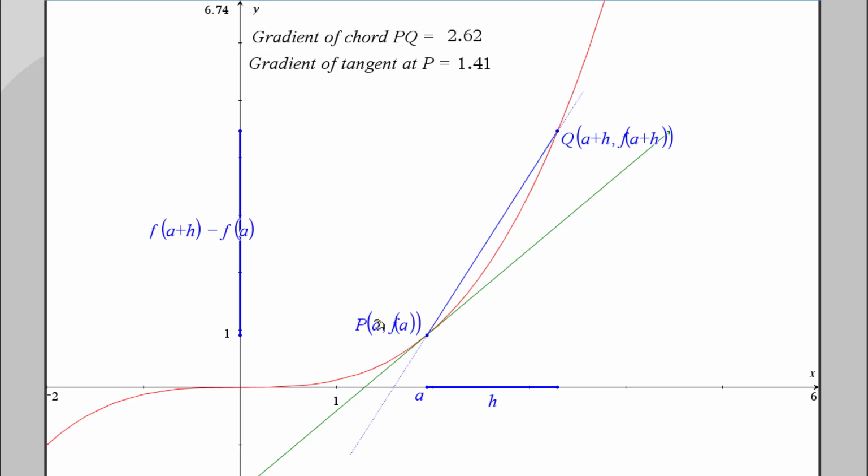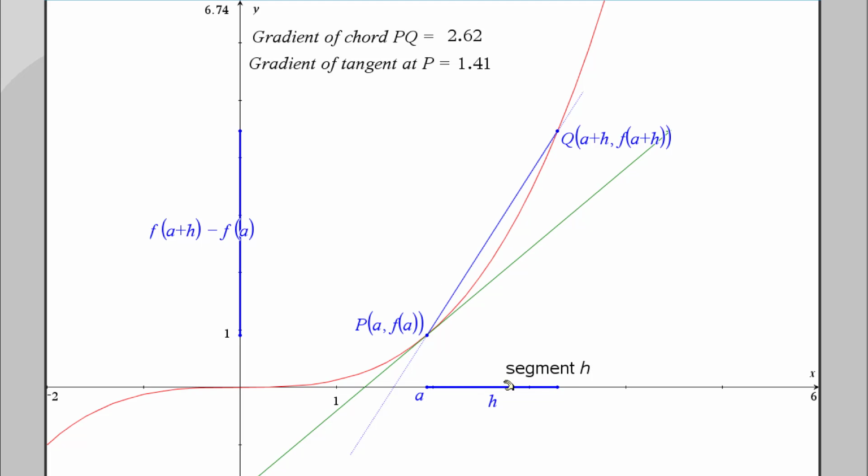And I'm calling the x coordinate of P a here rather than x, but essentially it's still exactly the same idea. So the coordinates of P are a, f of a, and then Q is another point that is just a small horizontal distance h away. So its x coordinate is a plus h, and therefore its y coordinate is f of a plus h.